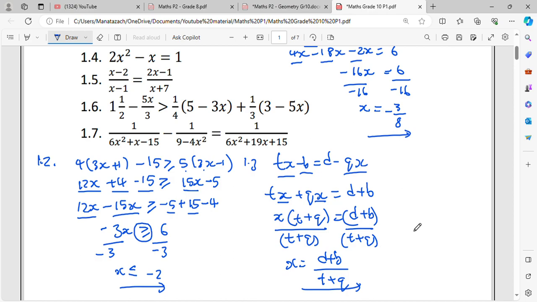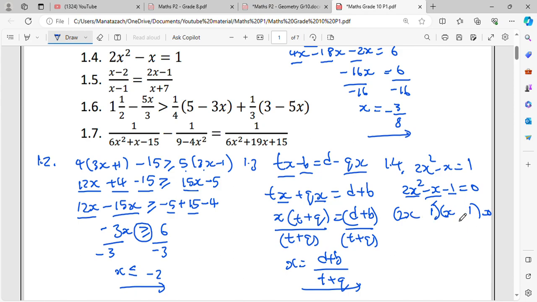Now let's deal with question 1.4. We have 2x squared minus x is equal to 1. So we're going to group everything on the left. So we're dealing with a quadratic equation. The factors for 2x squared is 2x times x. Then the factors for minus 1, it's 1 and 1. So this middle term here is negative x.